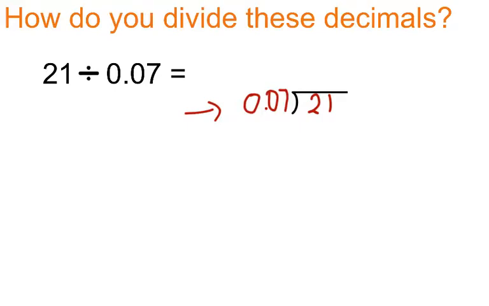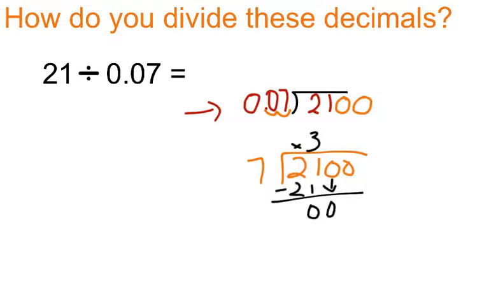And then I notice that I can multiply by 100 on both sides in order to get 2,100 divided by 7. Now I have something I can easily divide. So 7 can't go into 2, but it can go into 21 3 times.